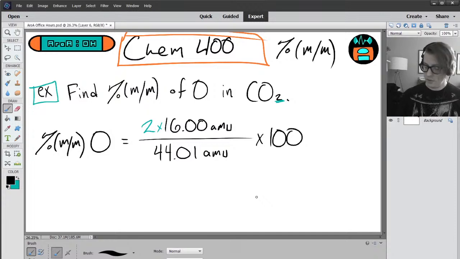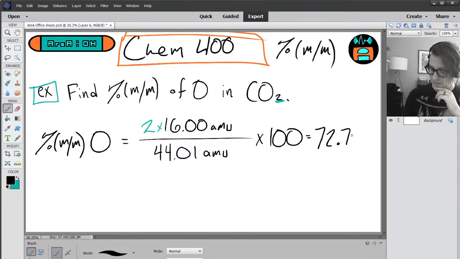Now we bust out whatever trusty calculator you have on hand. We go 2 times 16, so that's 32, divided by 44.01 times 100. My calculator gives me a value of 72.71075.